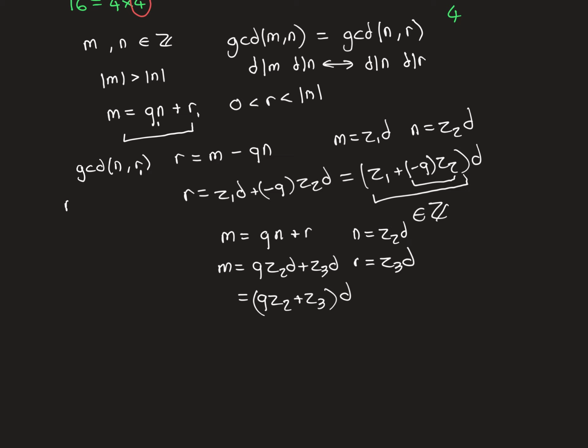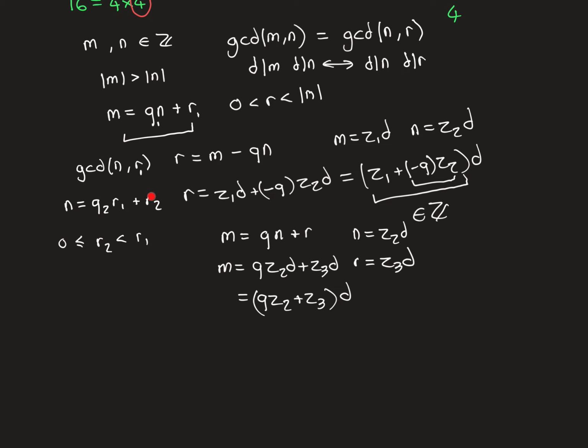So now we can take n and we can write it as some quotient, which I'll call Q2, times this number R1, plus another remainder R2, where we know that R2 is going to be greater than or equal to 0 and less than the modulus of R1, but R1 is a positive number, so we can drop the modulus.